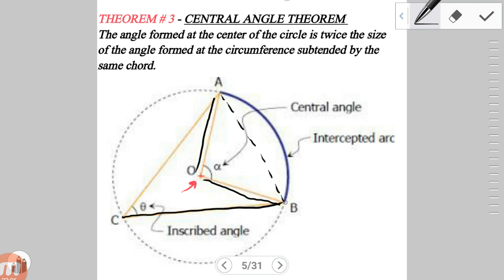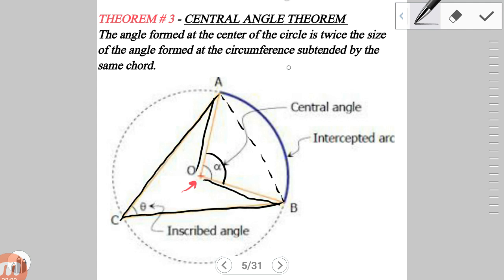Another line has to be projected from one edge of that arc towards the circumference, and another line from the other edge of that arc towards the same point. That is how we can safely say that the angle at the center is twice the size of the angle at the circumference.